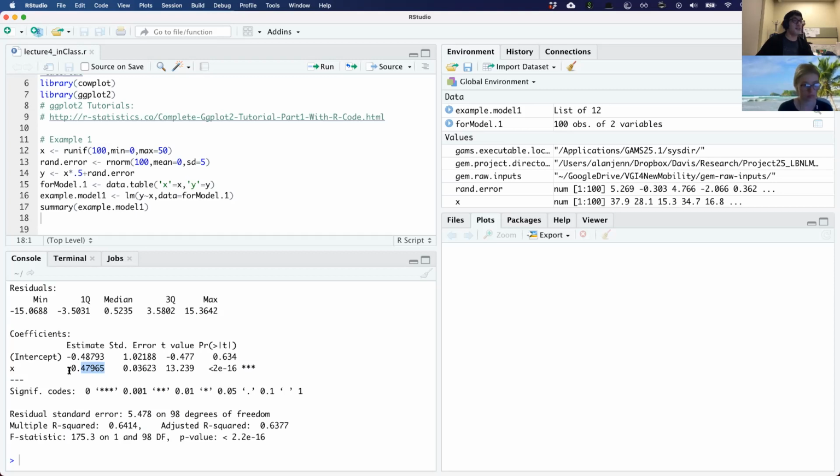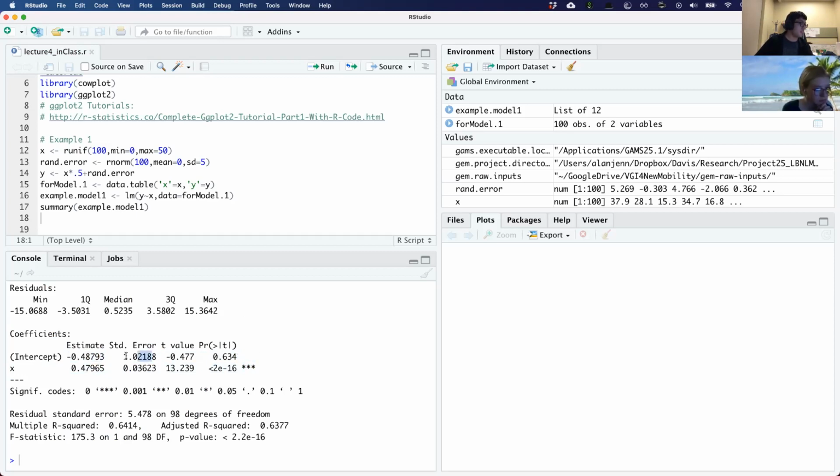Here our estimate, based off the data with random noise, is about 0.48, and that is statistically significant. So we're fairly confident that X is doing something or has some measurable relationship with Y. For the intercept, we know that it should be 0, and indeed the estimate is somewhat close.